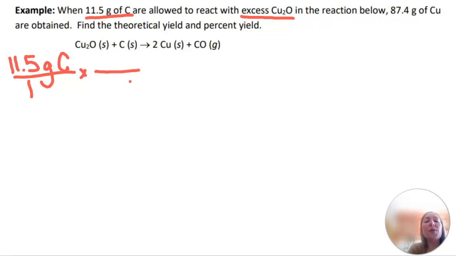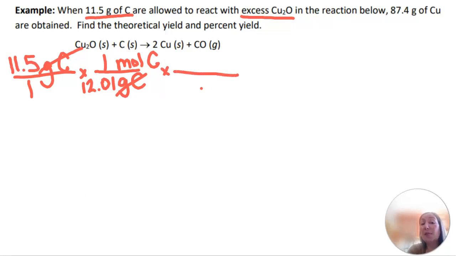Okay, so we first do a molar mass calculation. We bring down grams of carbon and we want to get to moles of carbon. And we look at our table and we find on our table for every 1 mole of carbon, there's 12.01 grams in a mole. That's its molar mass. So we've done the molar mass portion. Now we do the coefficients portion.